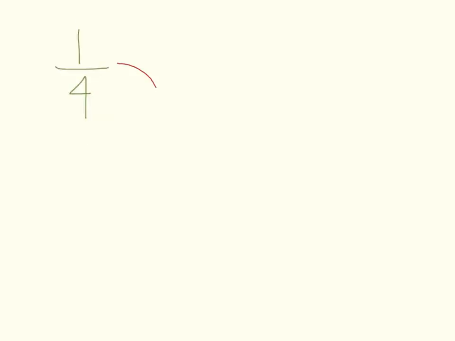So to do that, the fraction falls over, and so you have 1 divided by 4. Now you can see that 4 does not go into 1 evenly, so we have a 0. We have to place a decimal point with another 0. So I'll place my decimal point at the top.